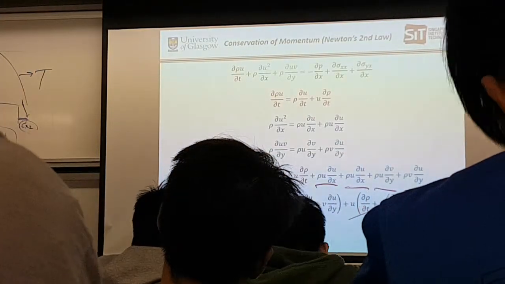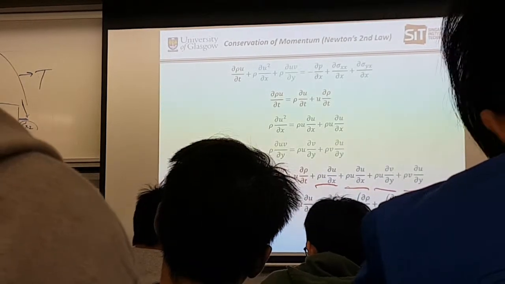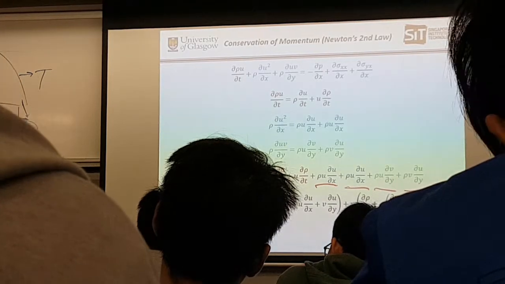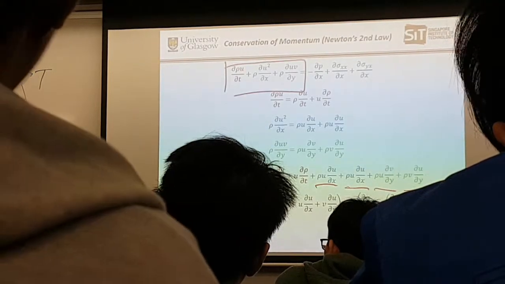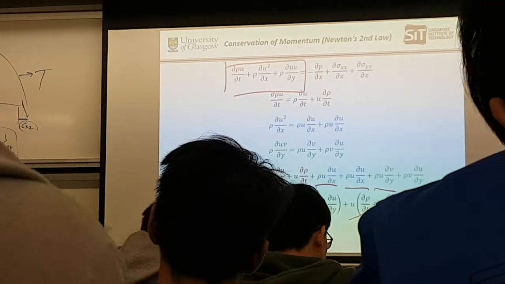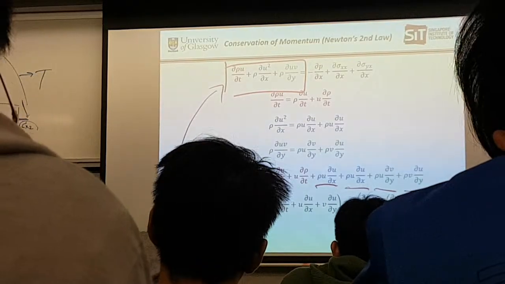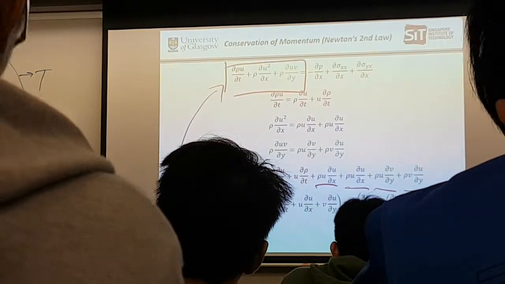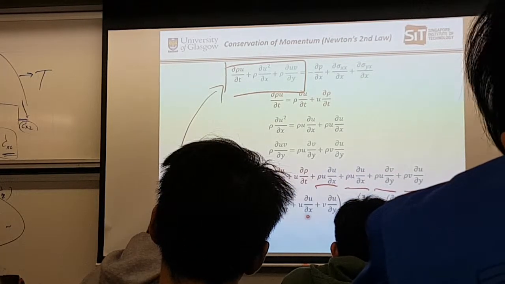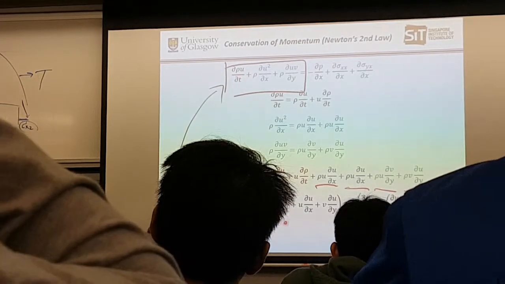So that means my left hand side here, these 3 terms that I have, becomes this term here. Because instead of having so many variables inside the differential equation, now it's very simple.